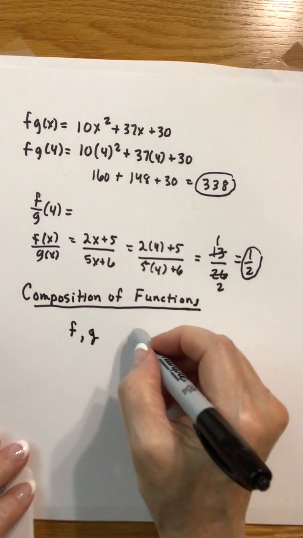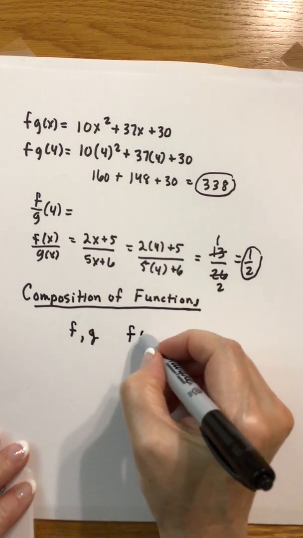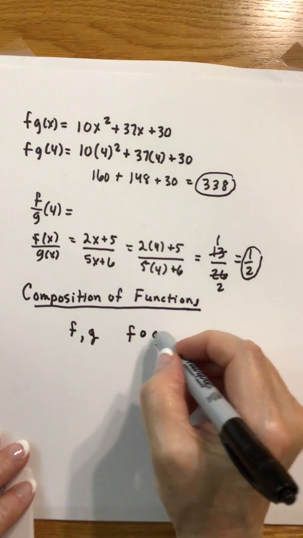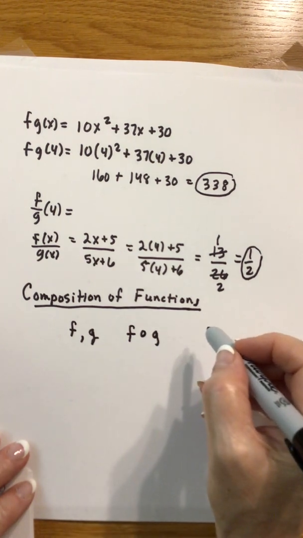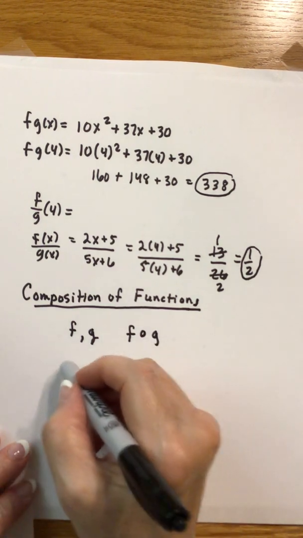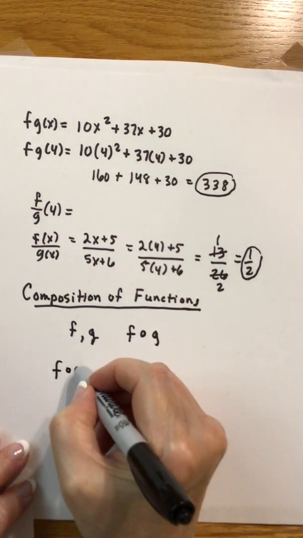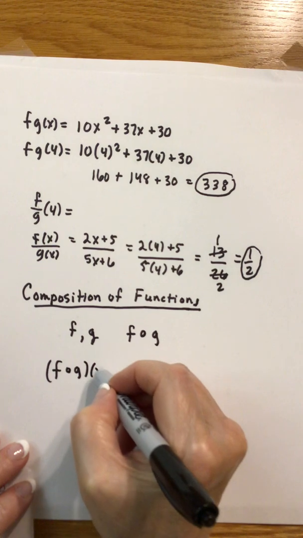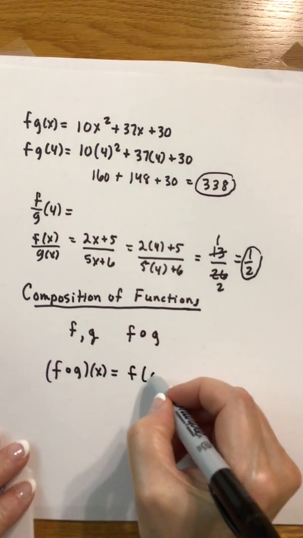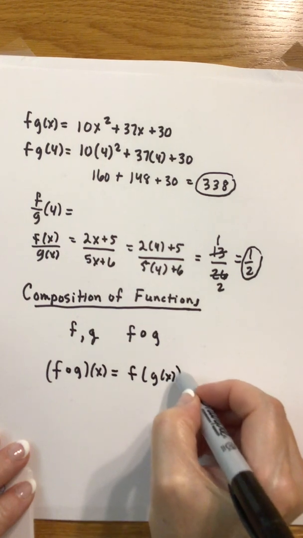The composition is going to look like this, f circle g. That f circle g is the way that we read this. Sometimes people call it fog. But f circle g tells us something. So f circle g of x is f of g of x.